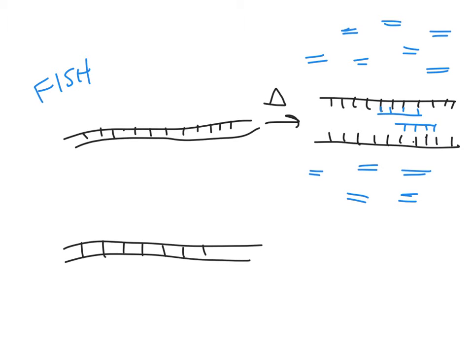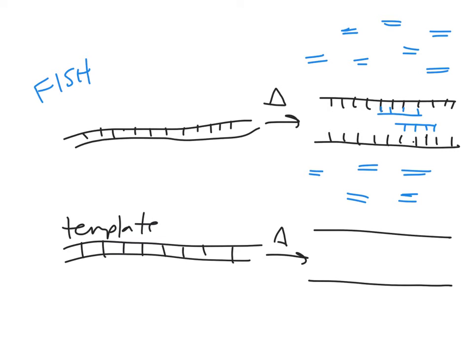Fluorescence in situ hybridization. PCR starts out the same way. You start with template DNA, that is the DNA you collected from a crime scene, DNA you extracted from a fish, you want to know what species it is, whatever. You heat it up, denature it. But instead of FISH probes, what are we adding to the reaction this time?